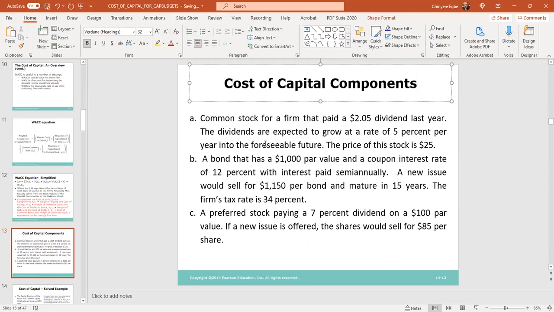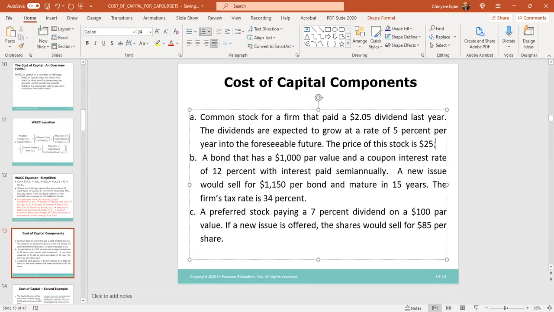Let us say that this firm has common stock that paid a $2.05 dividend last year. The dividends are expected to grow by 5%, and the price of the stock is $25. What is the cost of common stock for this firm?